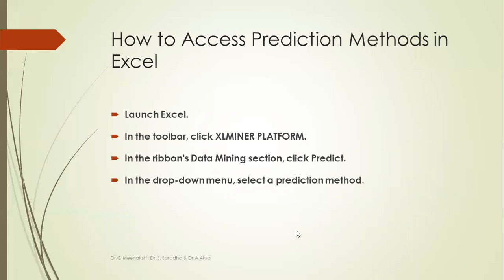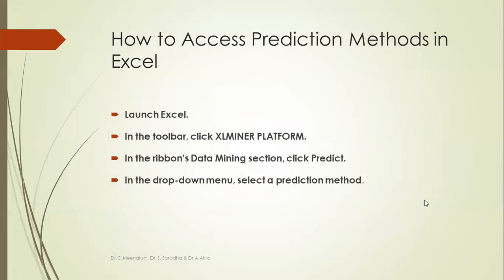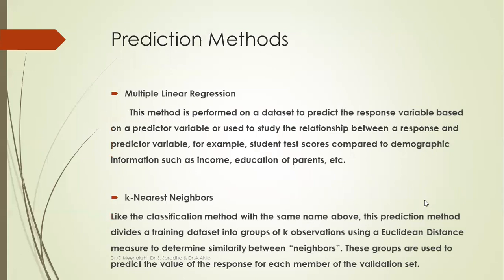You get a drop-down menu with the different prediction methods: linear regression, K nearest neighbor, regression tree, and neural network. You select a particular method and go ahead. We'll see the methods one by one.